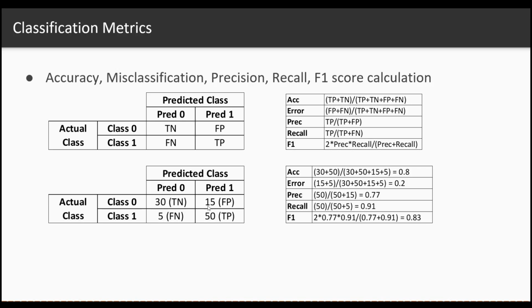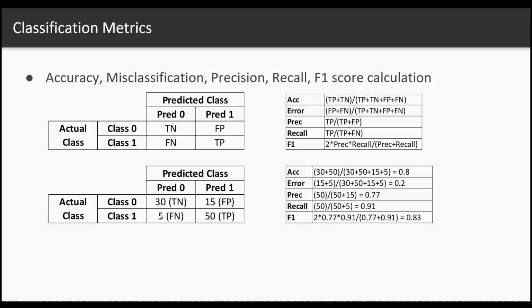Precision is here. Out of your positive predictions, how many of them are correct? There's 65 in total positive predictions, and 50 of them are correct. So 50 divided by 65, which gives you 0.77, is your precision. Recall is out of the true positive class, this row here, how many of them are correctly classified?